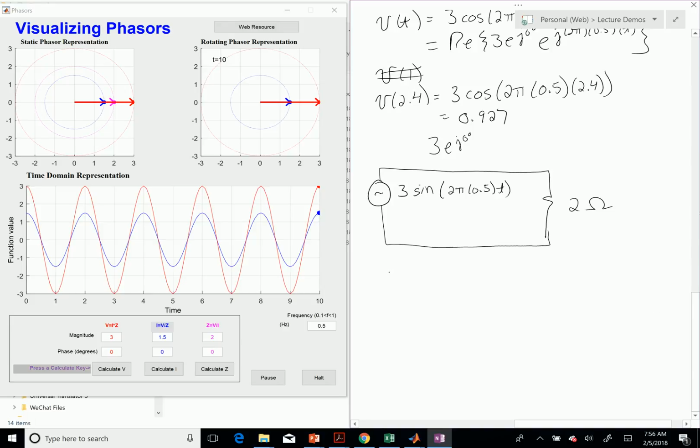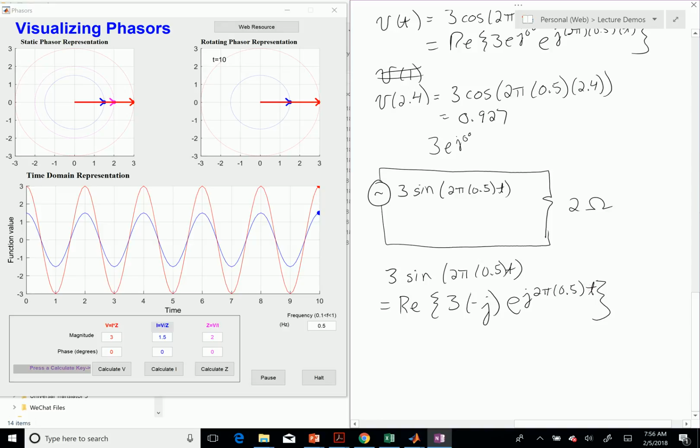we said that whenever I have sine, I write 3 sine 2 pi 0.5 t as the real part of 3, and I always bring in a minus j, e to the j 2 pi 0.5 t, like that.